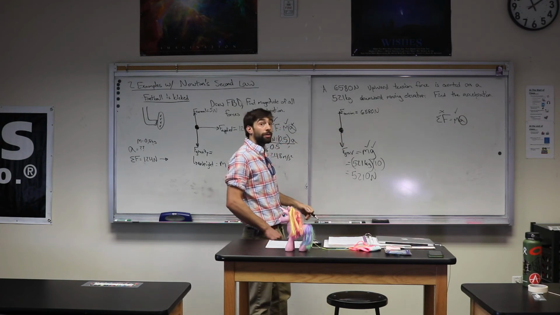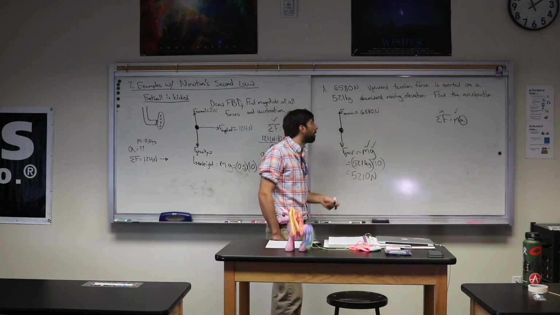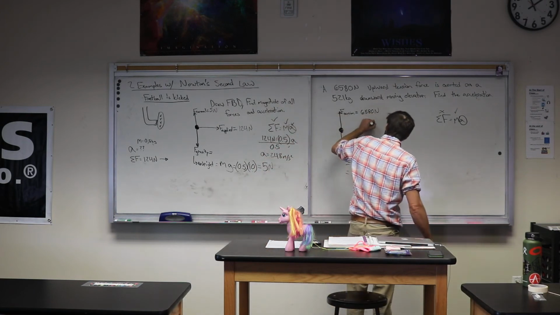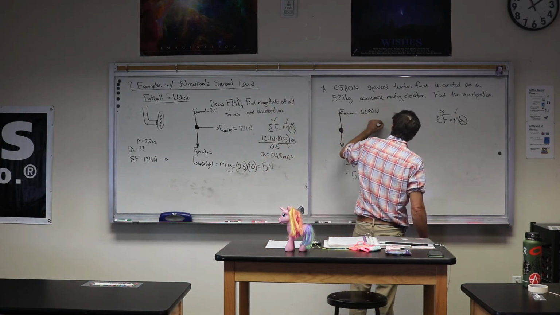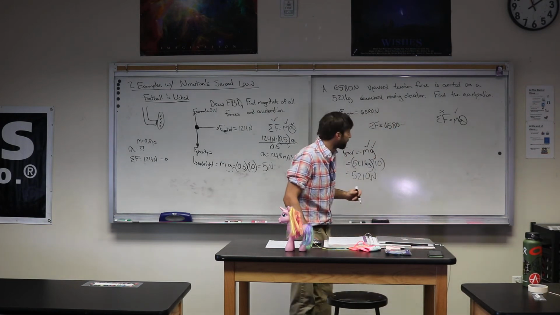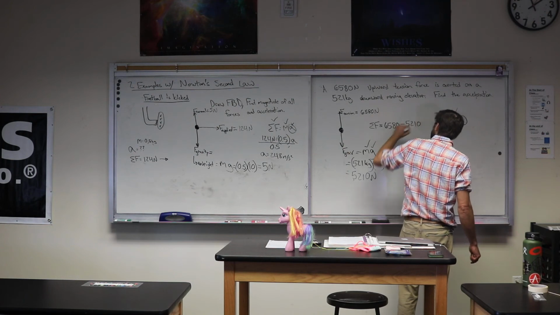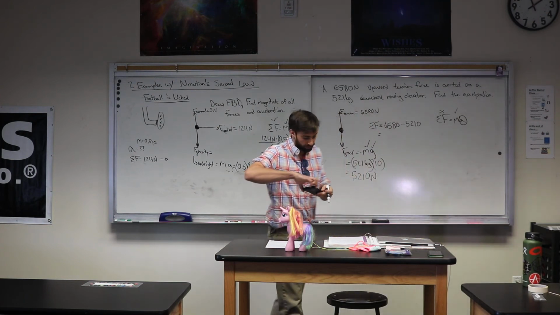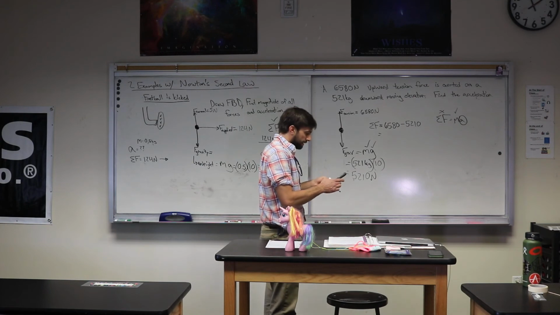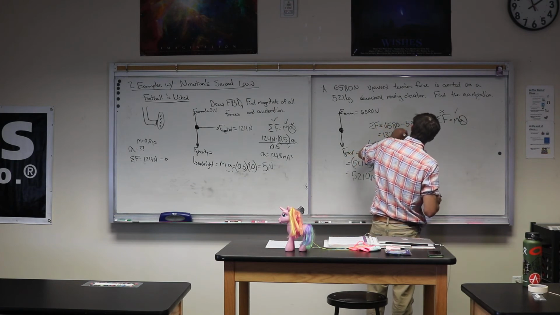Right now I can see I have more going up than I do going down. So I'm going to have a net force pointing upwards. So my net force equals a positive 6,580 minus 5,210 equals 1,370 newtons up.